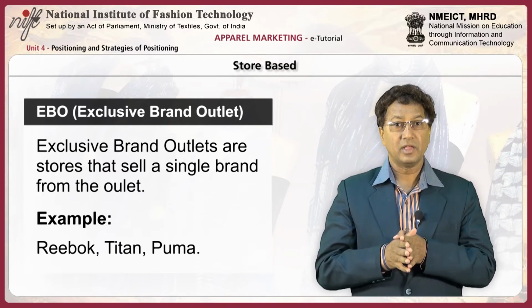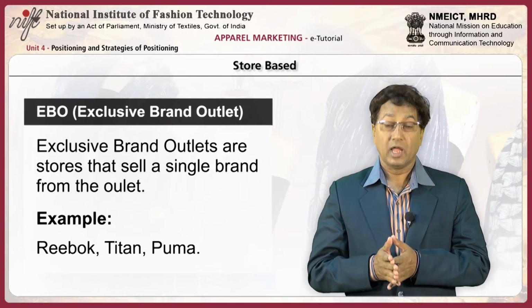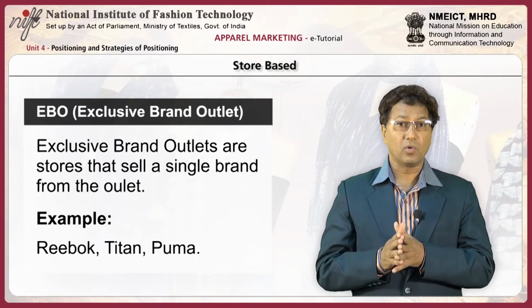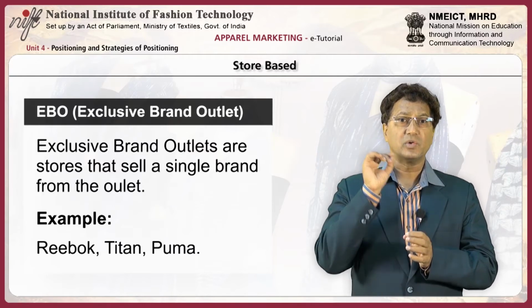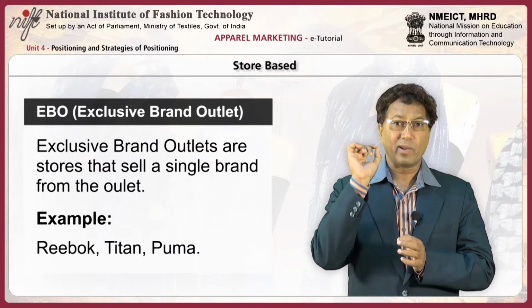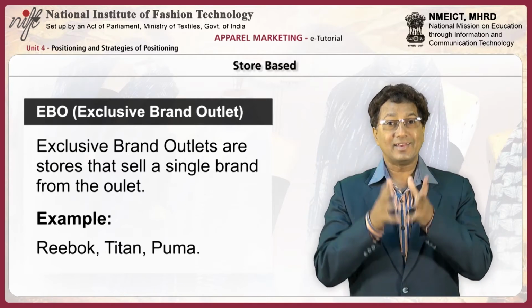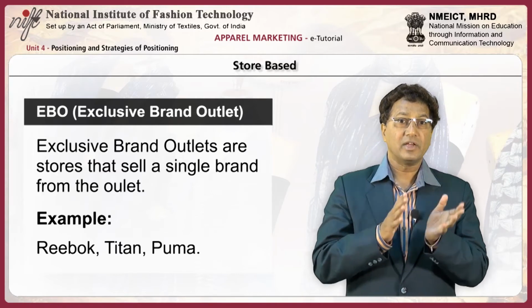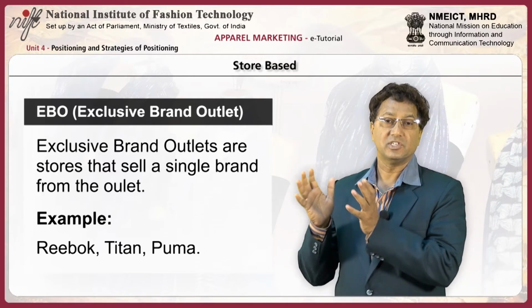For example, Reebok, Titan, Puma, etc. The benefit of an EBO or mono brand outlet is that the exclusive status leads to greater brand equity among customers. The retailer gets better margin as well as better control on marketing mix and customer service.